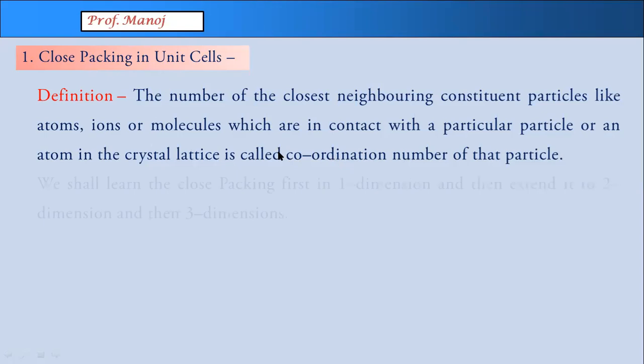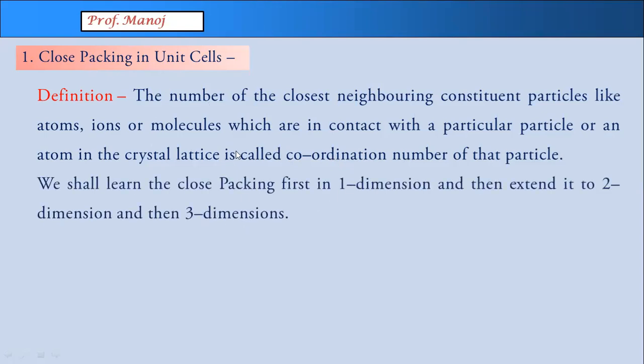That is called coordination number. We will keep this term in mind and develop the close packing. First in one dimension, then extend it to two dimensions, and finally to 3D. This will give us the proper picture of how unit cells look.